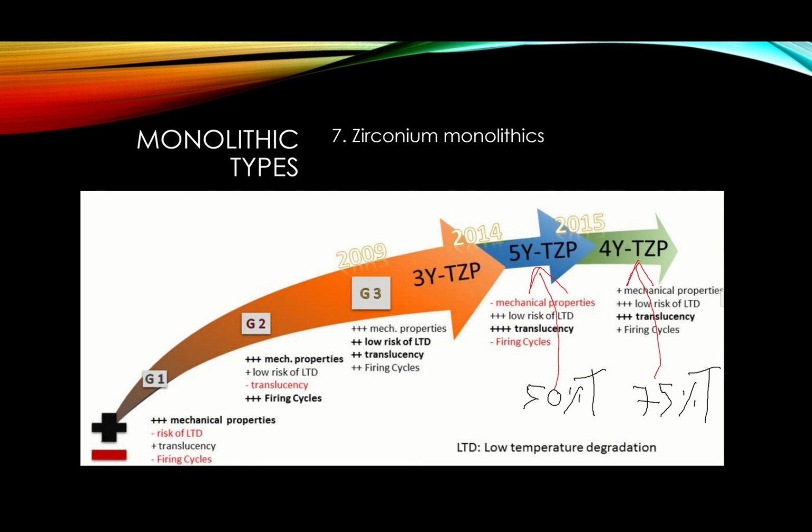At this point of the lecture, I just want to talk about tetragonal only by itself. More tetragonal phase zirconia in the zirconia content of that block, a stronger product. Less tetragonal phase zirconia, less strength.